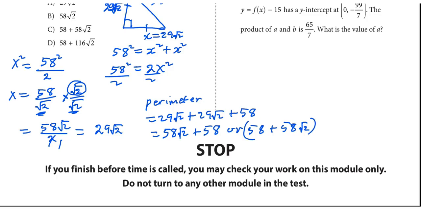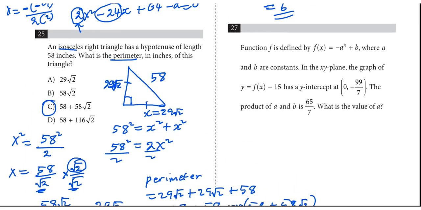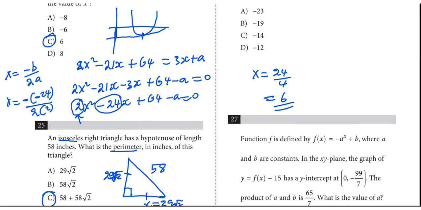So this is the answer, and if you look at the options, we have it as option C. I hope this makes some sense. All right, so that is for question 25. Let's take question 26.